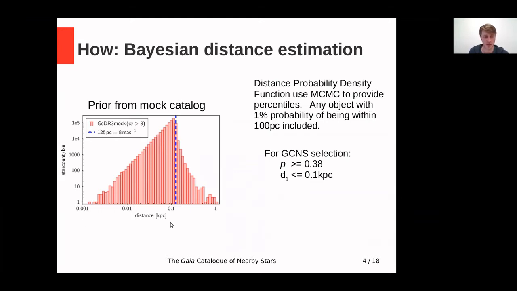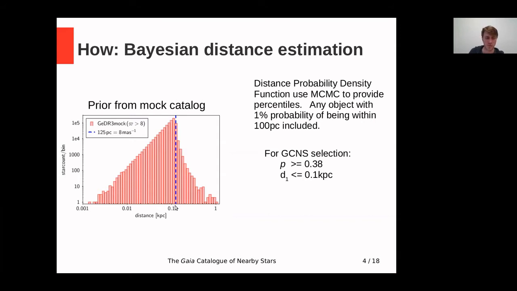You see distances on the x-axis and the probability density function on the y-axis. Initially, we have cut on observed parallax of 8, so everything that is bigger than 8 milliarcseconds is included. And in the absence of parallax uncertainty, we would expect a steep rise until 125 parsecs and then a drop.